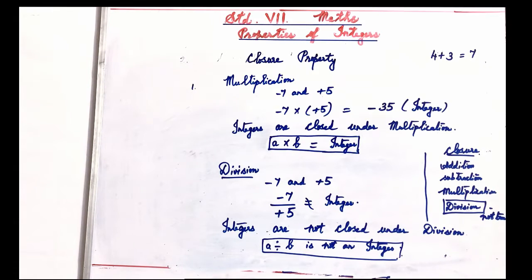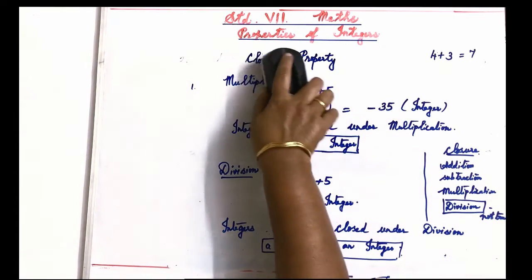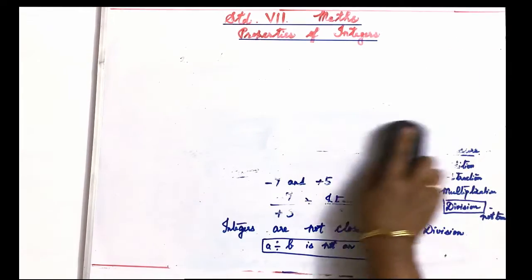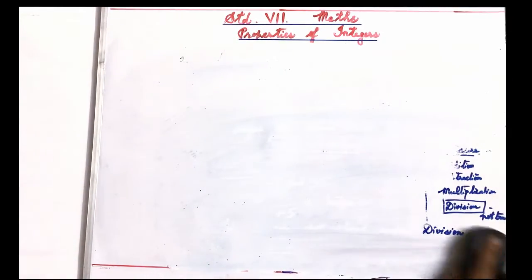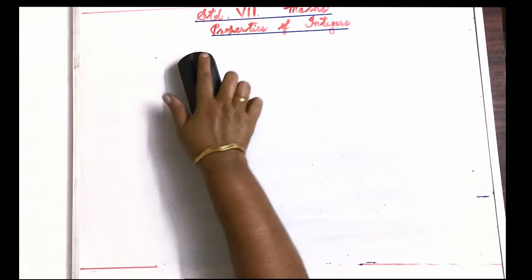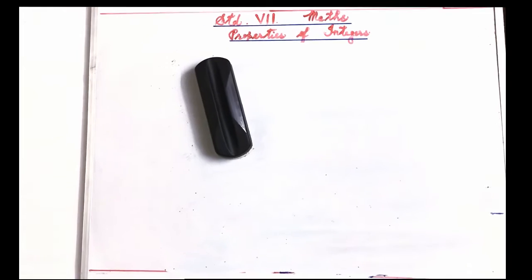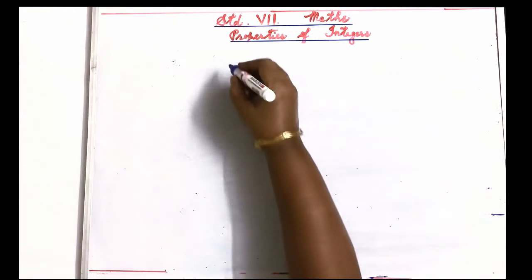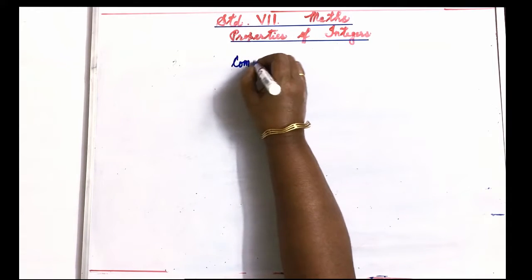Now we shall see the next property, that is commutative property. So second property is commutative property.